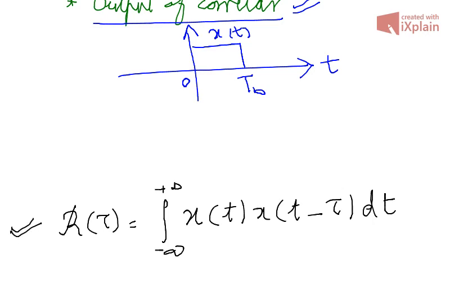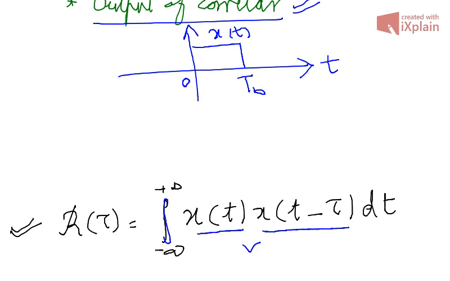We already know this autocorrelation function. If you closely observe the expression, it is actually the product of x of t with its shifted version, and we are integrating this product.